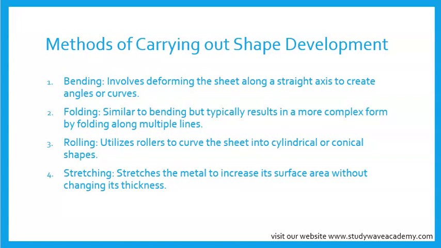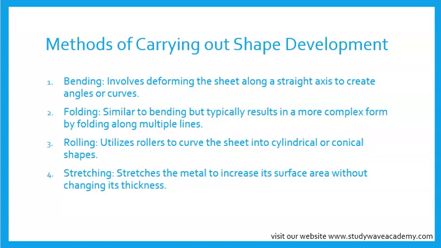Stretching the metal to increase its surface area without changing its thickness. Stretching, okay? Pulling the metal to make it bigger without changing thickness. So these are the methods of carrying out shape development. Okay? Do we understand?